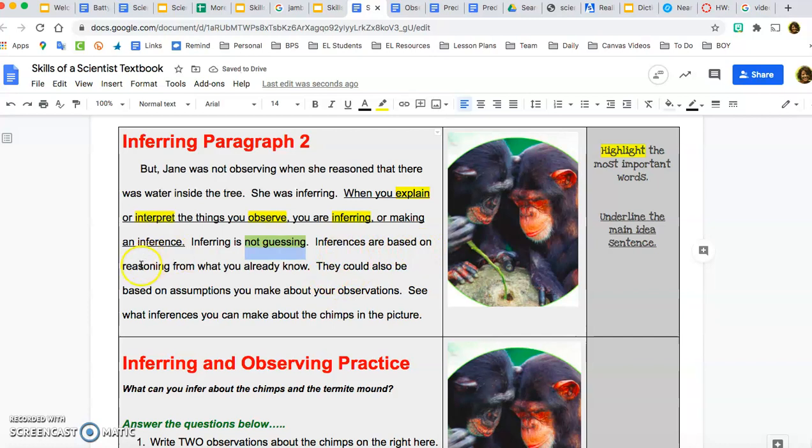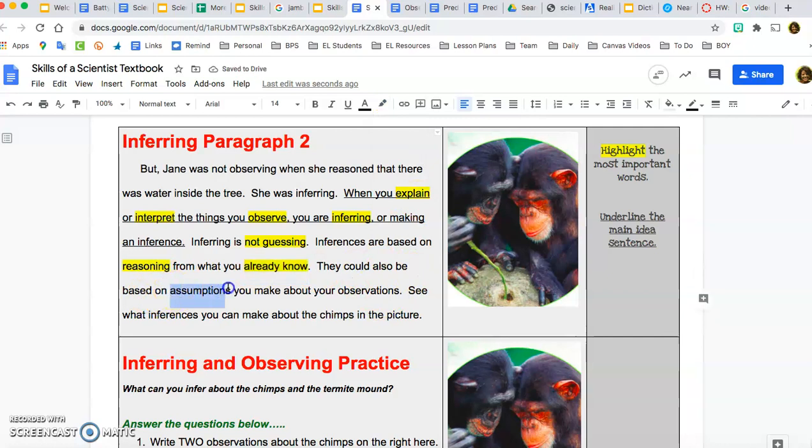Inferences are based on reasoning from what you already know. So this tells me what more things inferences are, and that's important to us. So inferences are reasoning, I'll highlight that, from what you already know about life. I'm going to highlight that too. They could also be based on assumptions.